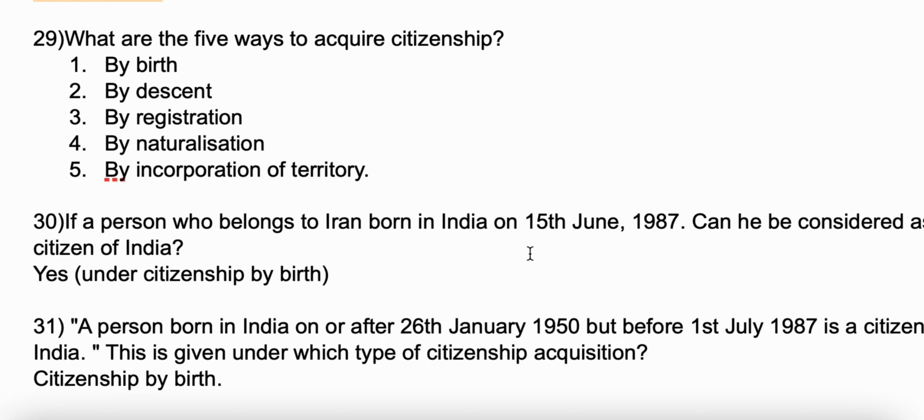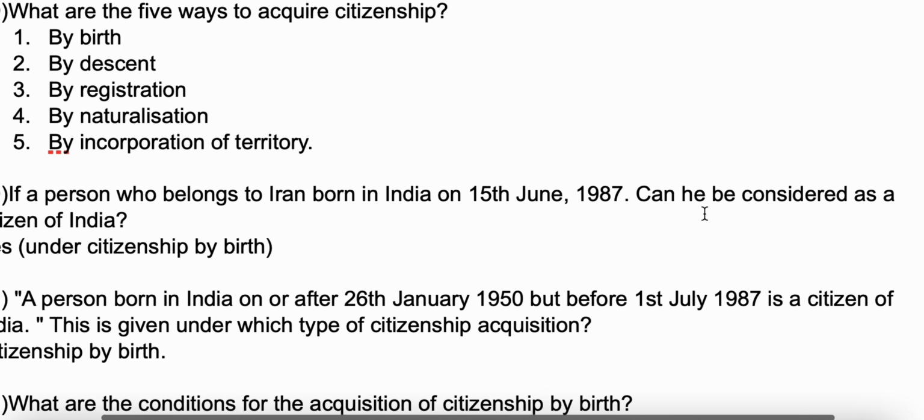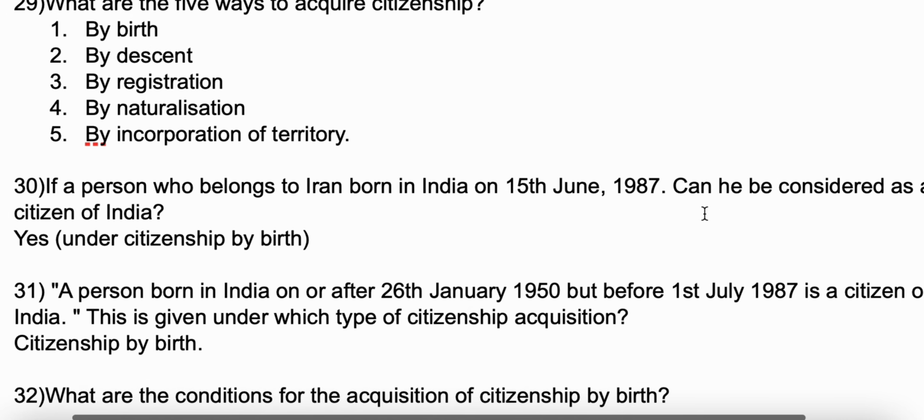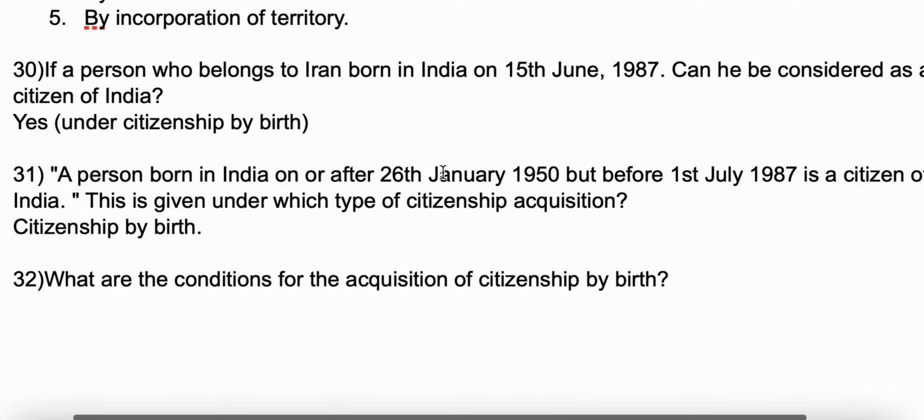Now the 30th question, if a person who belongs to Iran is born in India on 15th June 1987, can he be considered as a citizen of India? Yes, because he is born in India. So, he will be considered as a citizen of India by birth. Okay. Now, 31st question.